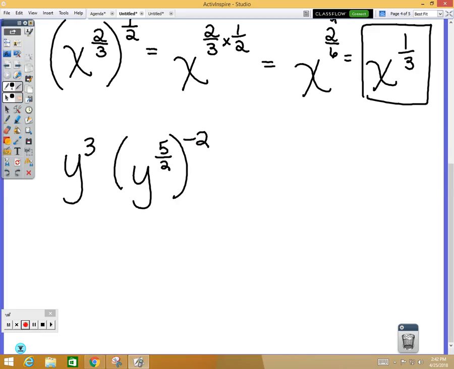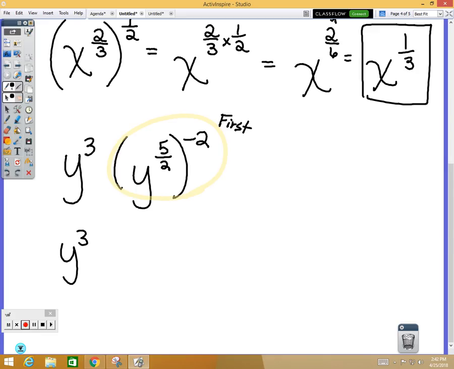So you can see this has gotten more complicated now. We're going to do this in 2 basic steps. The first thing that we want to do is like the skill that we just learned. We want to focus on this first, okay? So just leave your y to the 3rd power hanging out for a little bit. It can just stay over here. We're not going to do that until the second step.